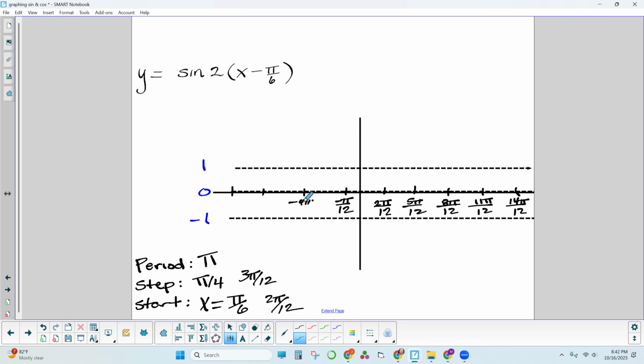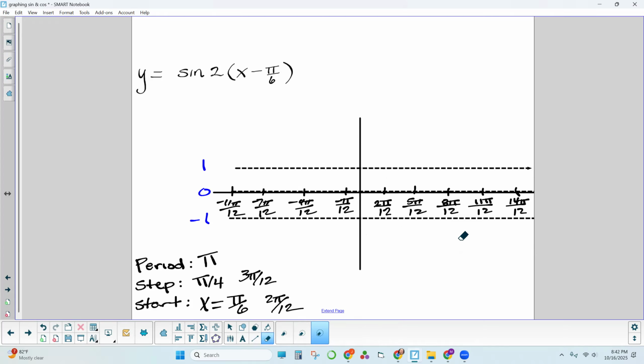Negative 4 pi over 12, negative 7 pi over 12, and negative 10 pi over 12. Now, with a quick check, once again, if we go from our start to the end, either direction, that should be pi. And sure enough, 2 pi over 12 to 14 pi over 12 is pi. So we're good.